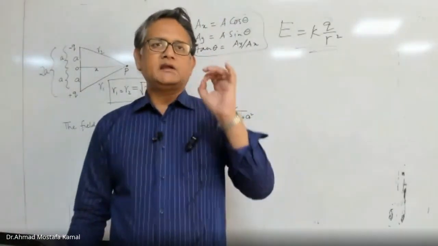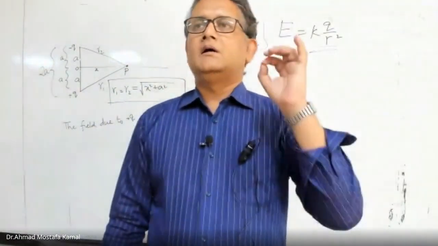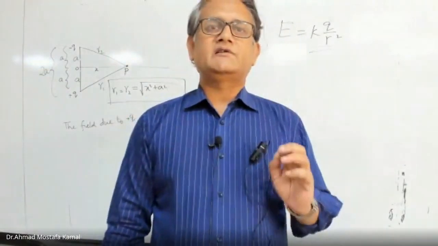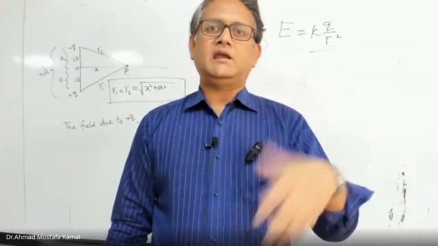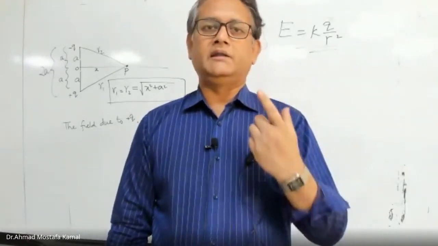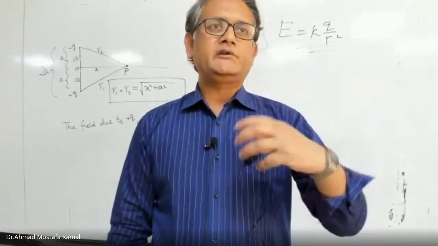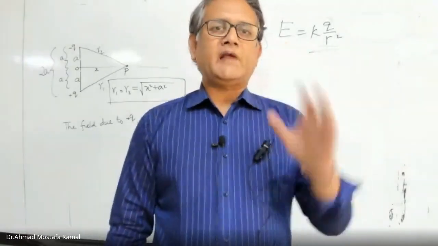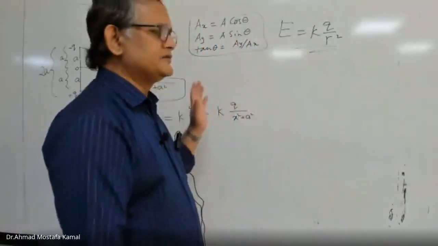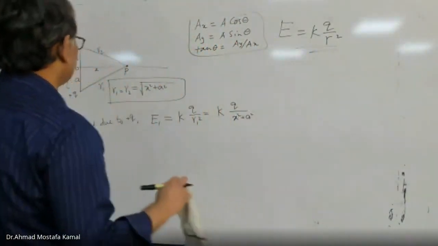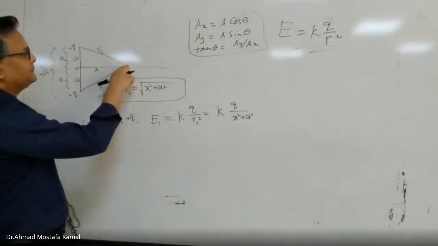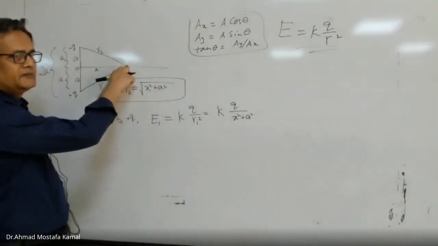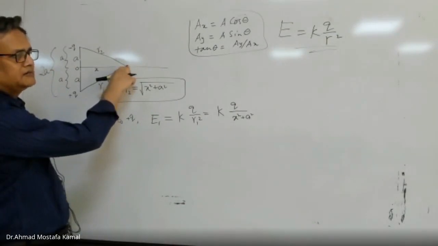Per unit means 1, that is, force for 1 coulomb charge. Actually, at point P you have 1 coulomb charge, because this is the point of calculation.